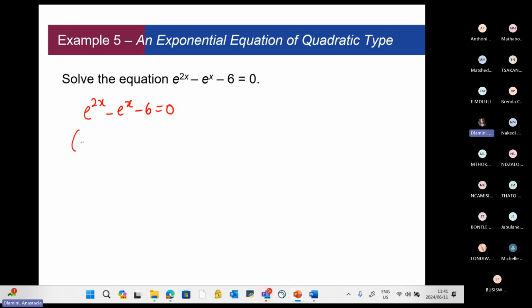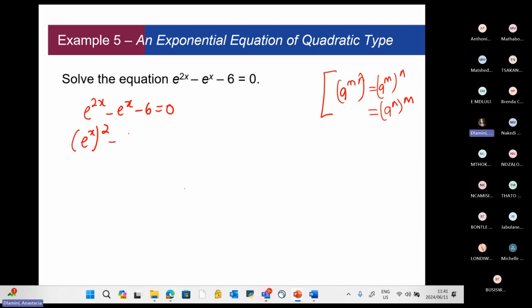Then I say e to the power of x, to the power of 2. According to the laws of exponents, if I have a to the power of m times n, I can write this as a to the power of m, brackets n, or I can write this as a to the power of n, brackets m.